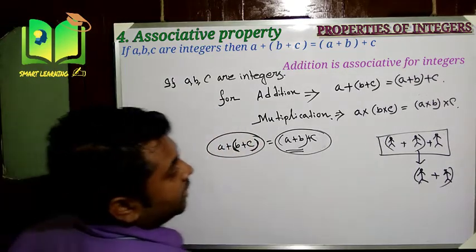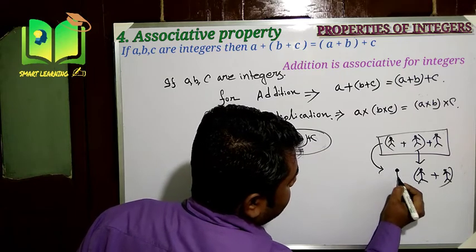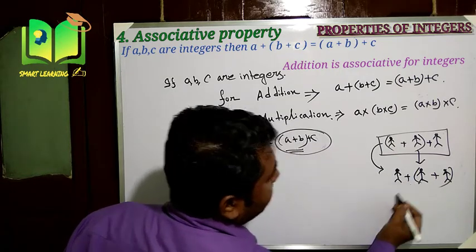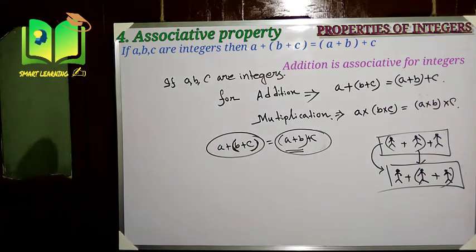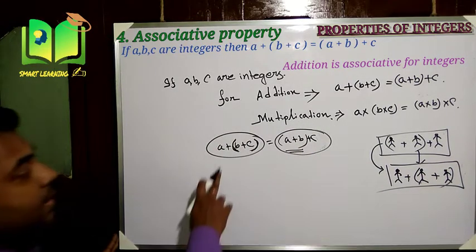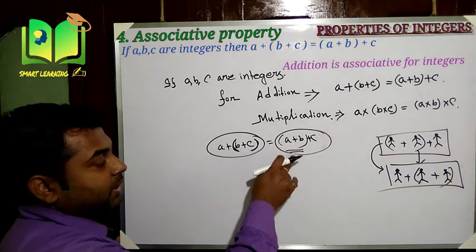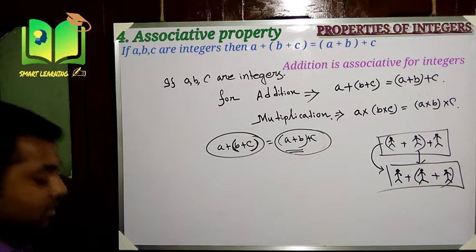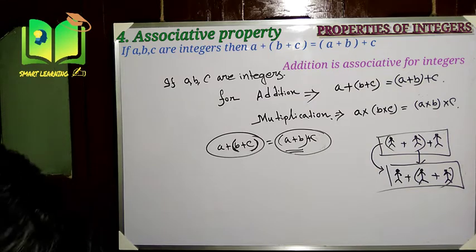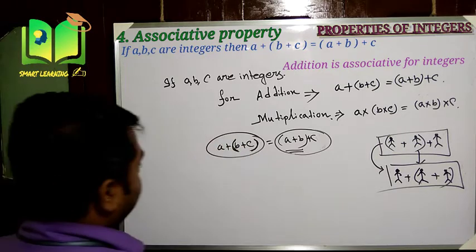And at the end, this boy arrives and joins them. So ultimately the 3 are also sitting in the same bench. That's why A plus (B plus C) and (A plus B) plus C are both the same. This is known as the associative property for addition.